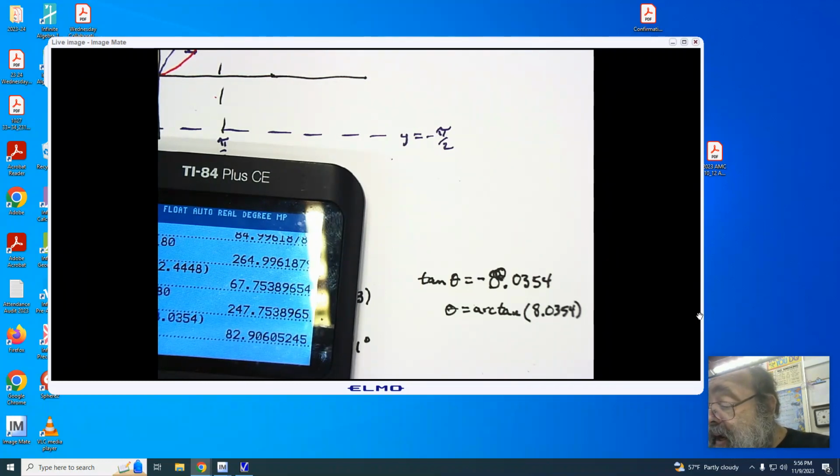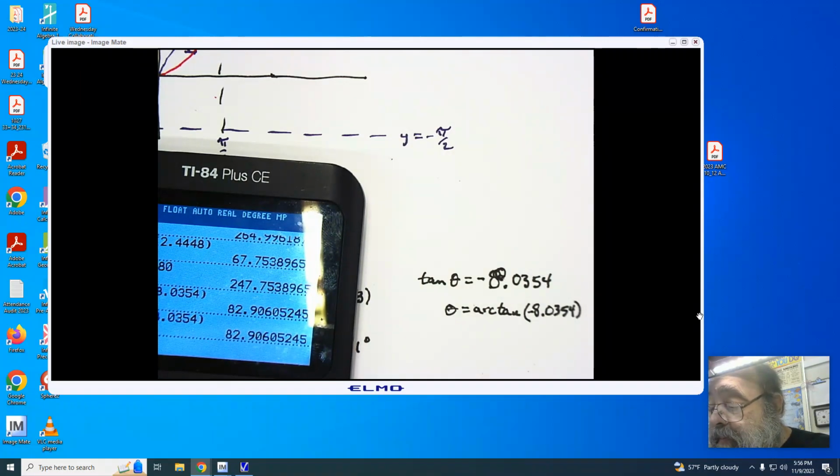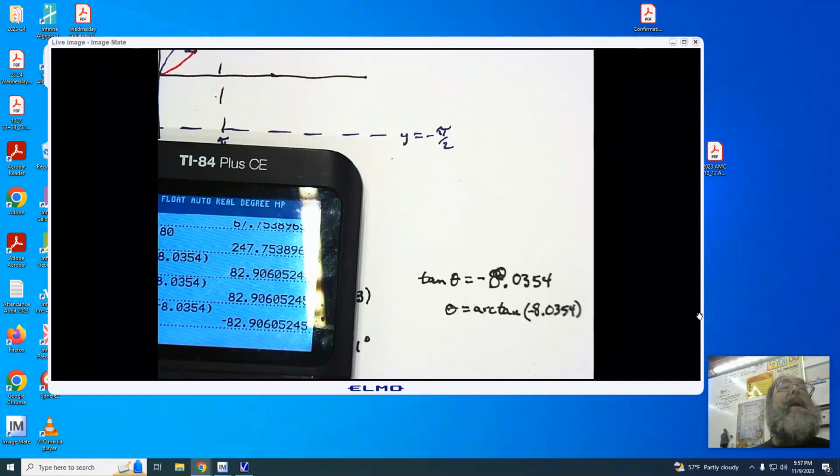Okay, I didn't put my negative in. Let's try that again. It was supposed to be a negative, and I forgot that negative. So I'm going to just repeat it and put a negative in. And there we go. Now we get our negative answer, negative 82.9060.